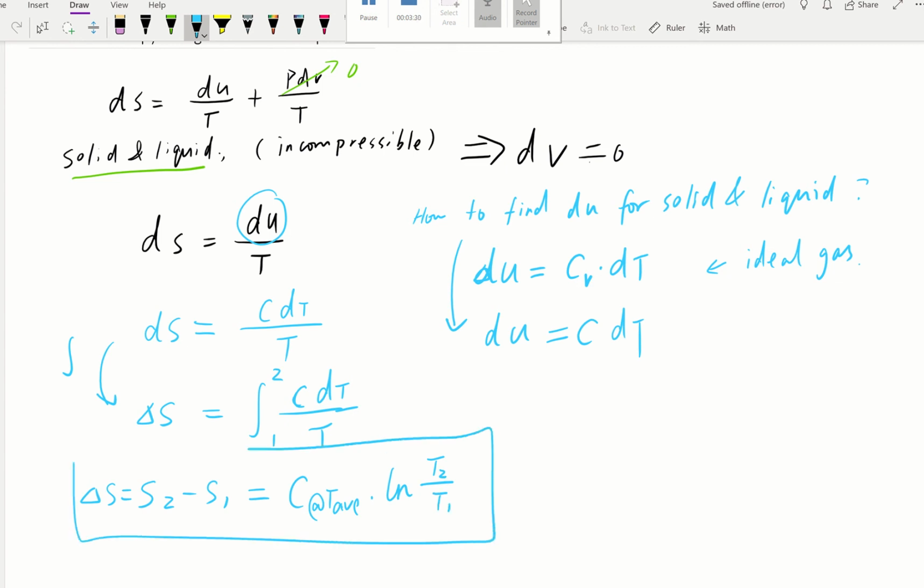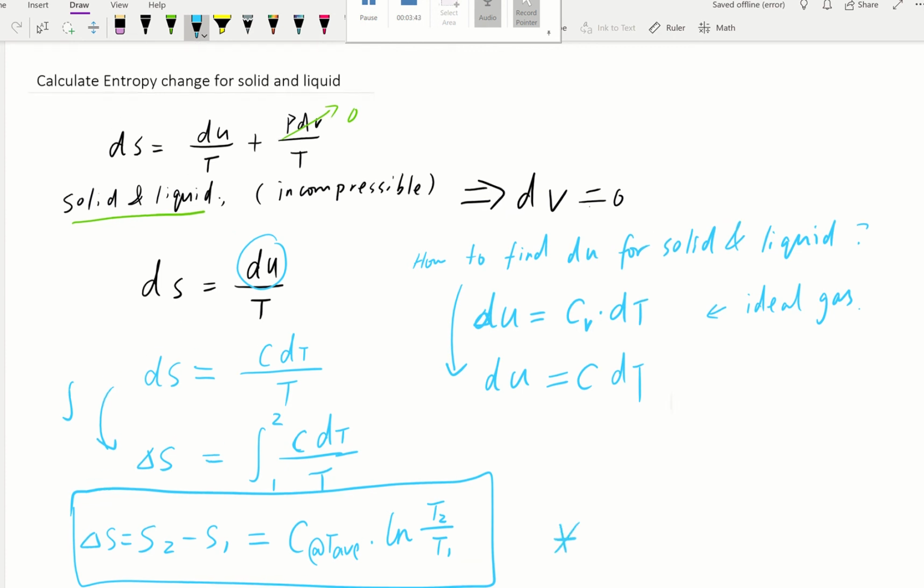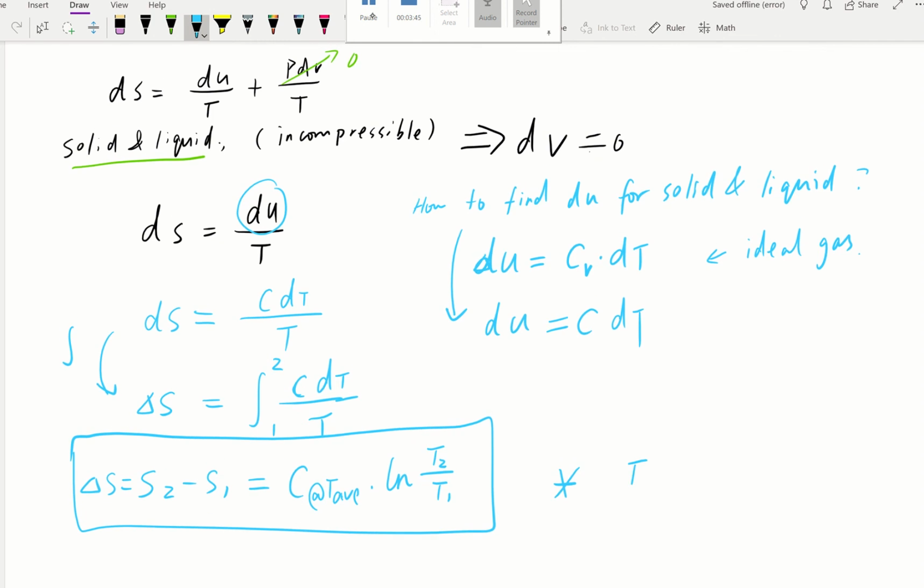Now we have a formula for entropy change. Entropy change for solid and liquid is equal to C natural log T2 over T1. That will be the equation for liquid and solid.